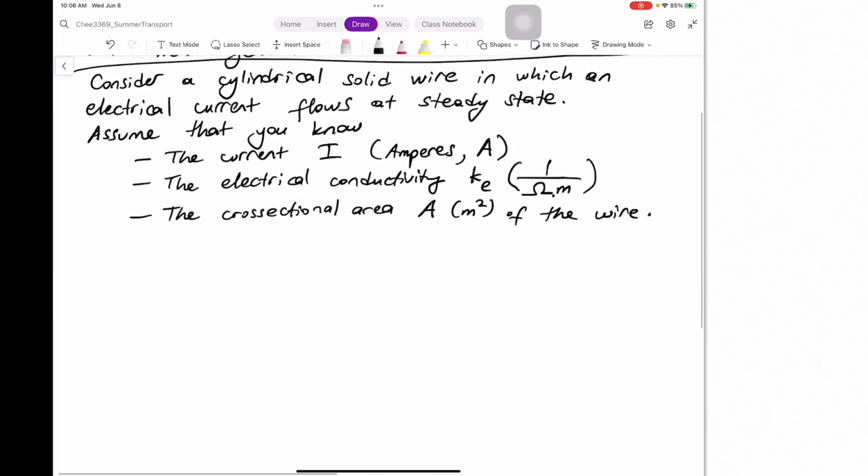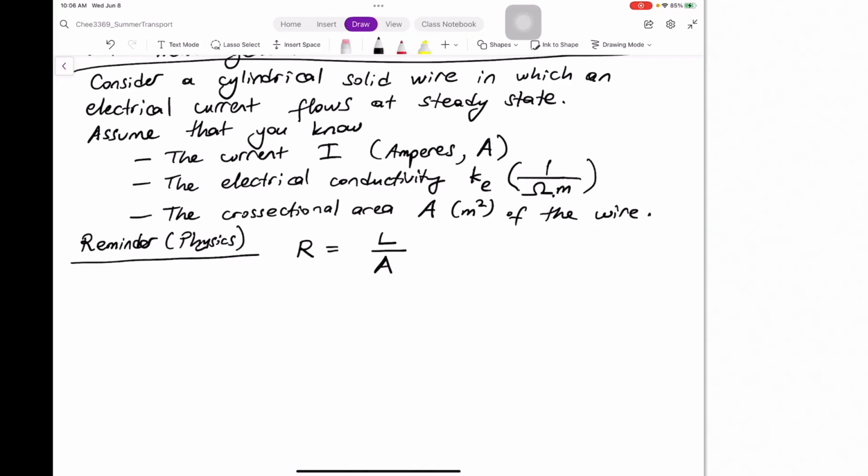Now let me write down some reminding notes, a reminder from your physics classes. The resistance R is proportional to the length of a wire and inversely proportional to the area of the wire, and the proportionality constant, as you might know, is rho, which you call resistivity.